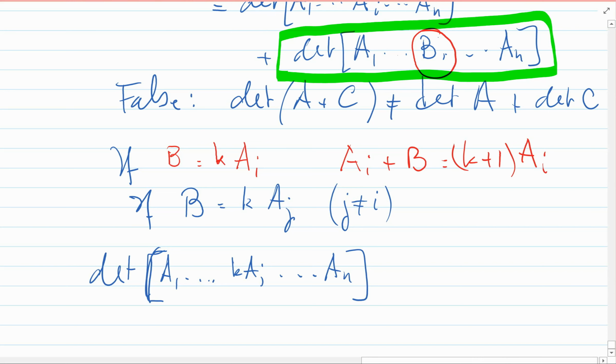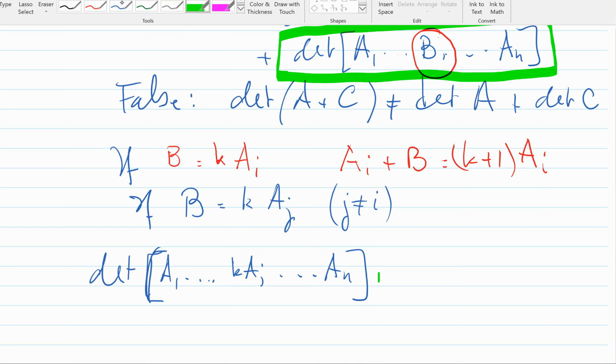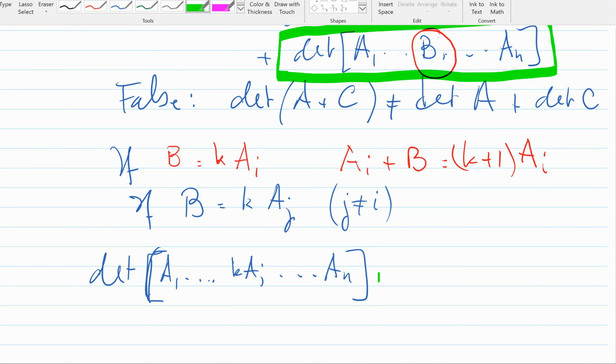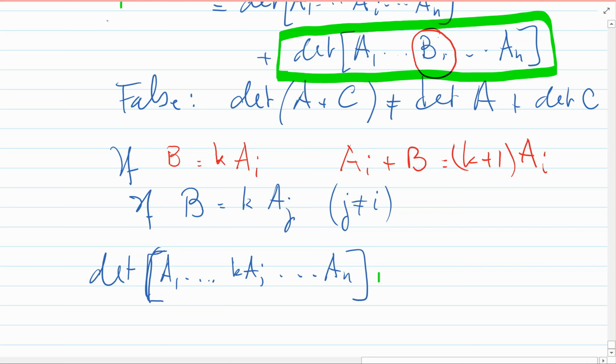What's going to happen is we can take K out, and we're going to have the determinant of this matrix with two columns which are the same.